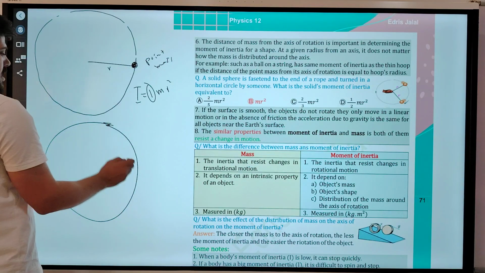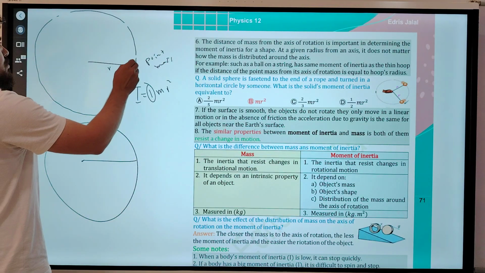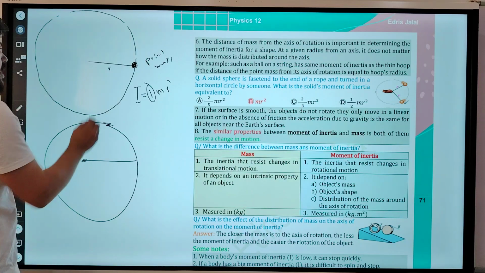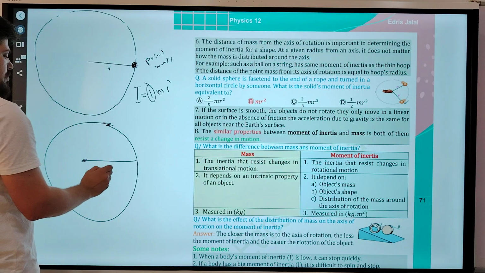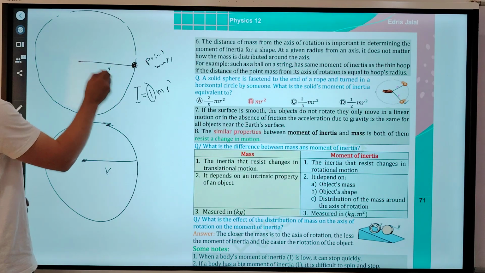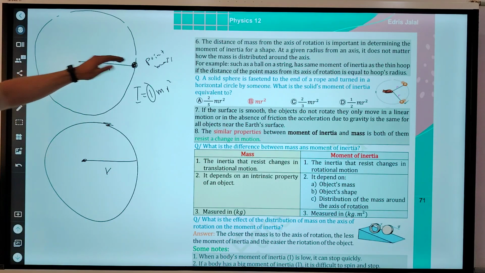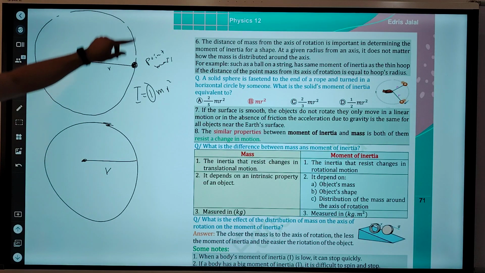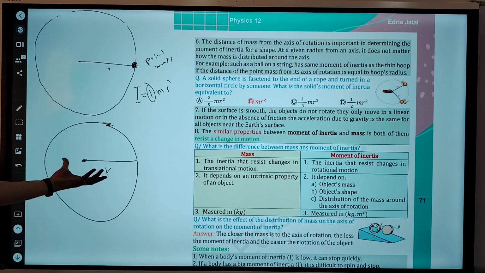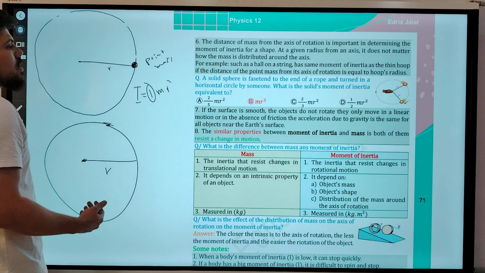Okay? If the mass of the ball is equal to the mass of the ring, and the radius of the ball, the distance of the string, is equal to the radius of the ring. So in these two cases, a ball fixed at the end of the string and reeled in a circular path, or a ring rolling through a flat road, which one has more moment of inertia?